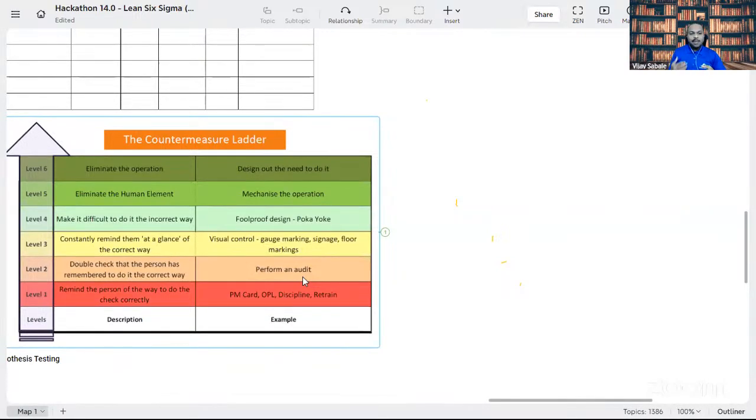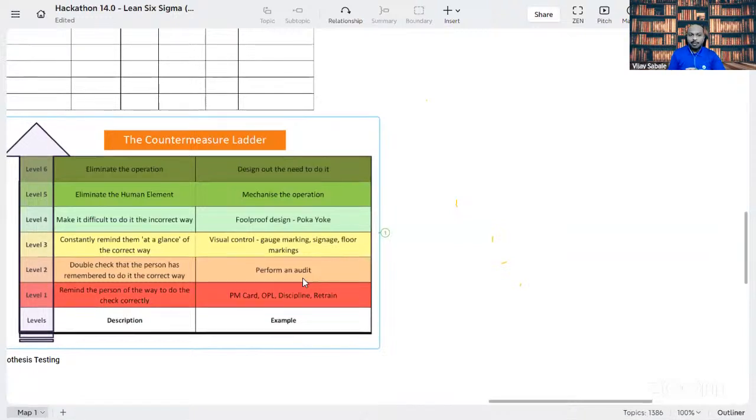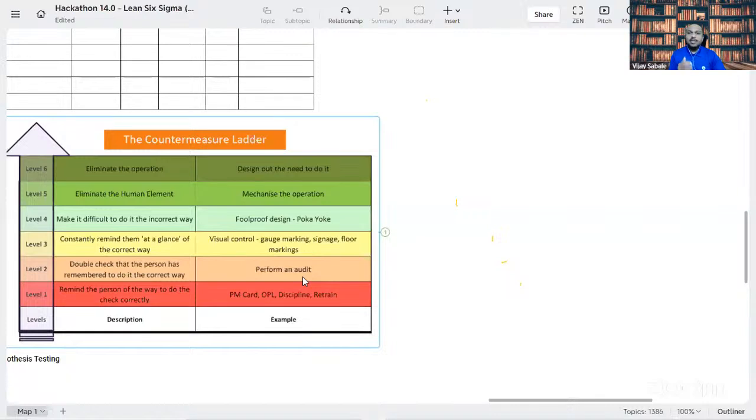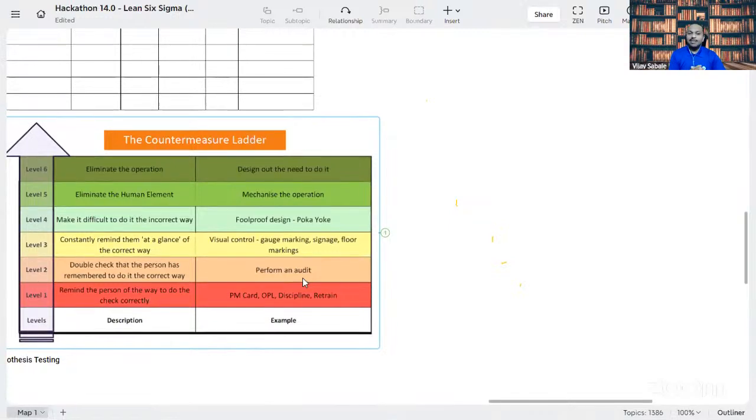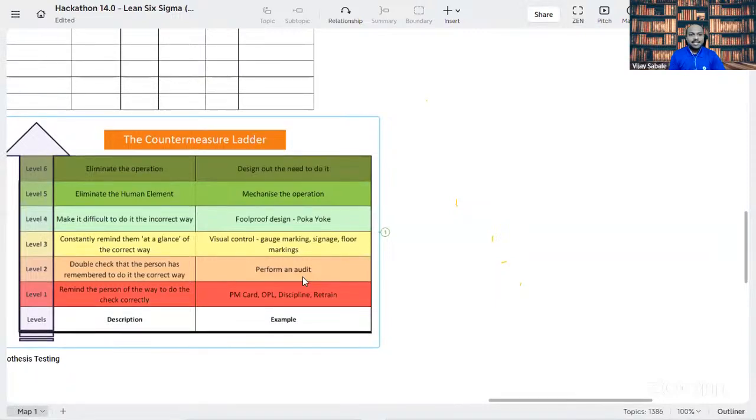Though it is better than the first level of countermeasure, again, it's not guaranteed that the problem is going to be addressed. Might be we can find the problem whenever we do the audit, but when we don't have the audit and the problem is there at that time, we cannot identify it, right? So again, this is a weak countermeasure. Is it clear up to this point? Do you have any questions?